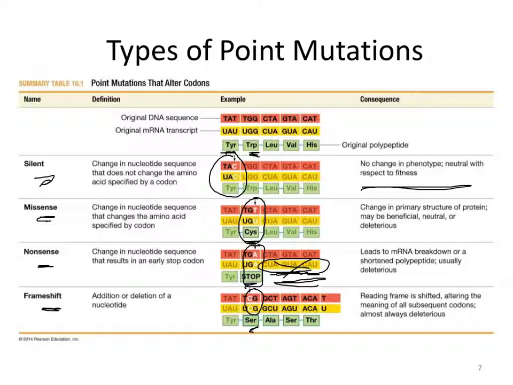So in fact, every codon is different and now encodes a different suite of amino acids than in the original protein. These tend to be pretty serious mutations, generally deleterious, because they can completely change the protein. However, from an evolutionary perspective, this is actually a way that you can get novel or new proteins evolving and forming in an organism.